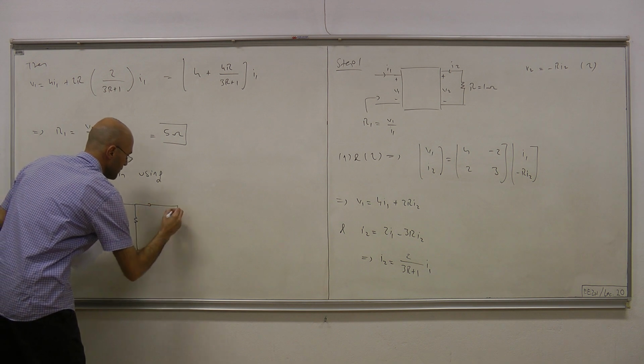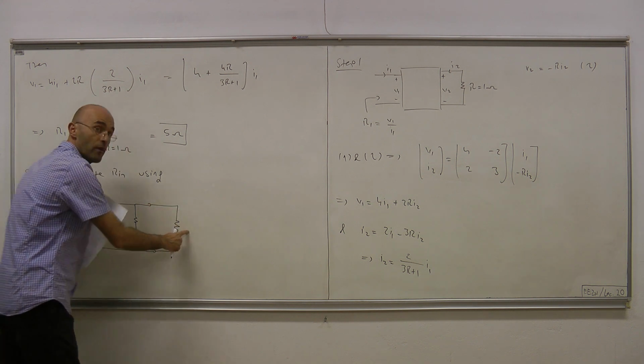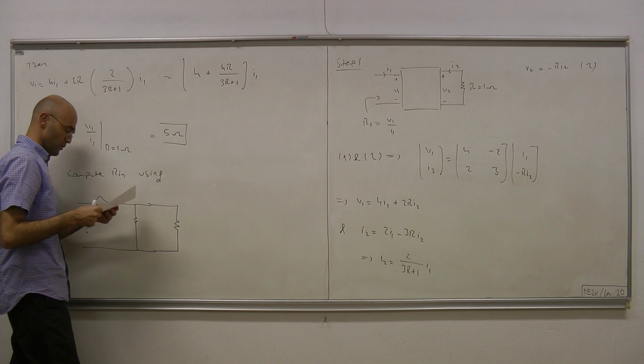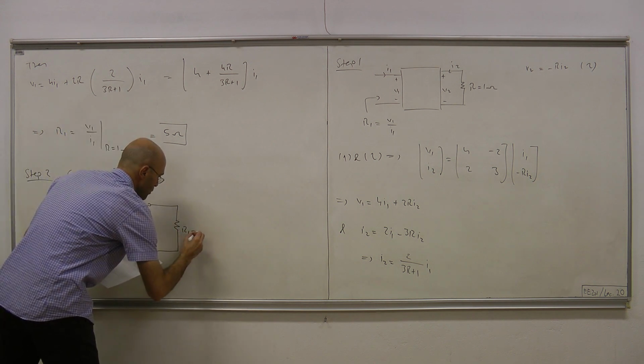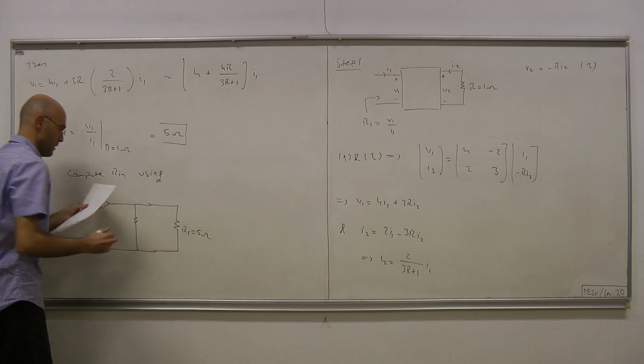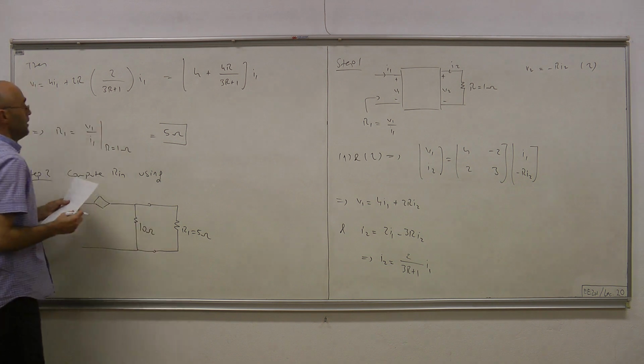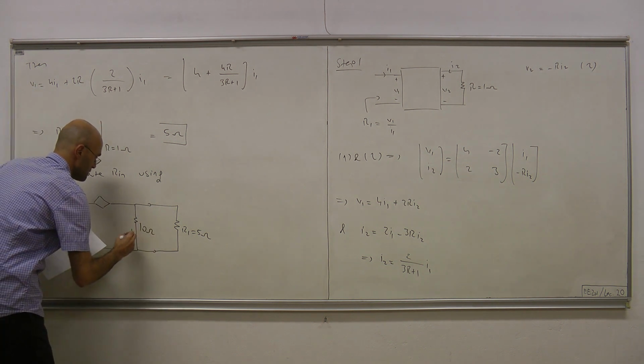Okay, so what we have here is R1, which we computed to be 5 ohm. Okay, R1 equals 5 ohm here, and here we have 10 ohm. This is Ix.